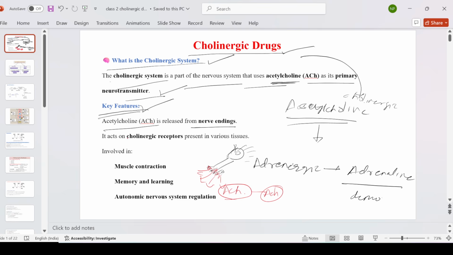Okay. Now, next point, it acts on the cholinergic receptor present in various tissue. There are various cholinergic receptors which are present in the various tissues like heart, smooth muscle, eyes. So this acetylcholine acts mainly on those receptors or tissues. And the molecules of the cholinergic system are mainly involved in muscle contraction, memory and learning, and autonomic nervous system regulation.